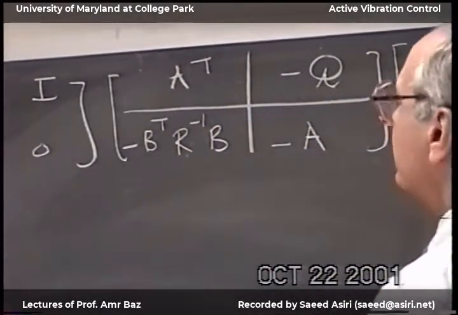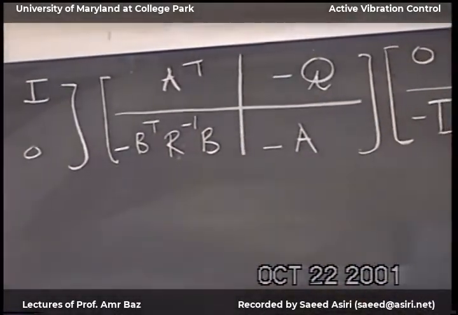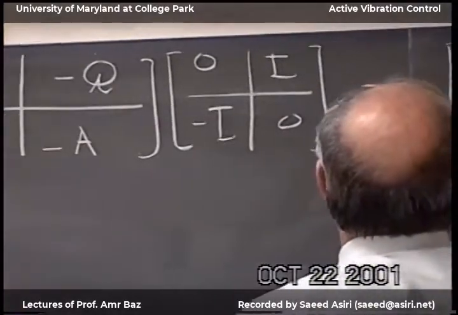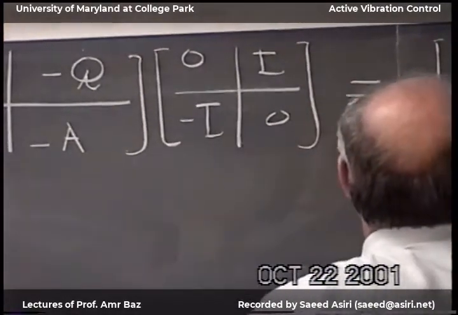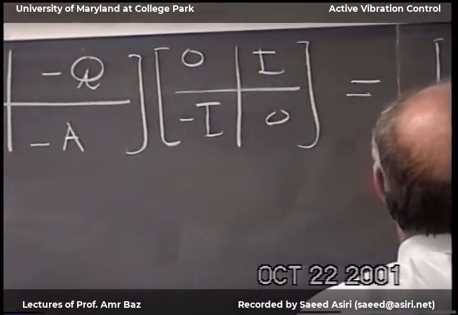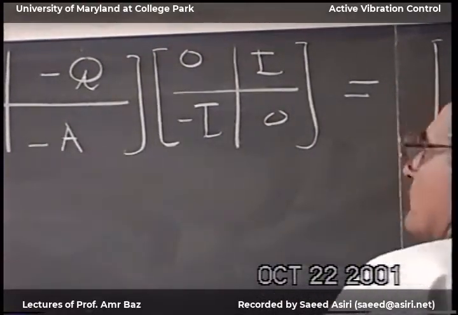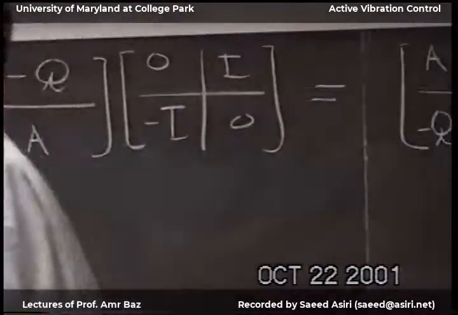And the result, you will see that this result will equal to H. A minus A transpose minus Q minus B R inverse B transpose. Okay.